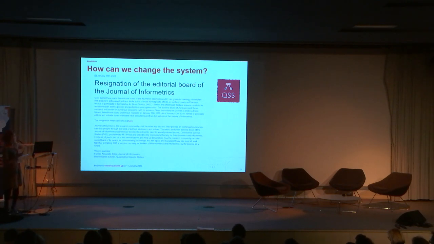The entire editorial board of a journal, called the Journal of Informatics, was dissatisfied with the business practices of Elsevier, and they stepped down and formed their new journal, an open access journal, to be published by MIT Press. Fantastic. This is a great thing, right? It's very moving, it's very inspiring, it's wonderful for research.